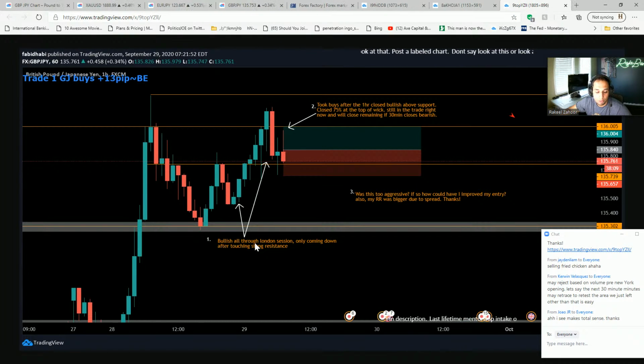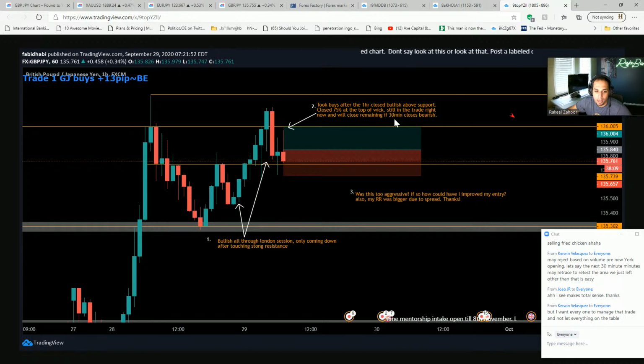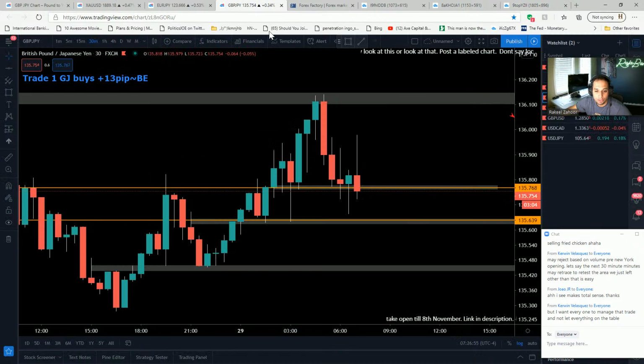Ooh, what's this? Bullish throughout. Took buys after the 1-hour candle closed bullish above support, closed 75% at the top of the wick. You have 25% still running and you're going to close it once the candle closes bearish. That's good.